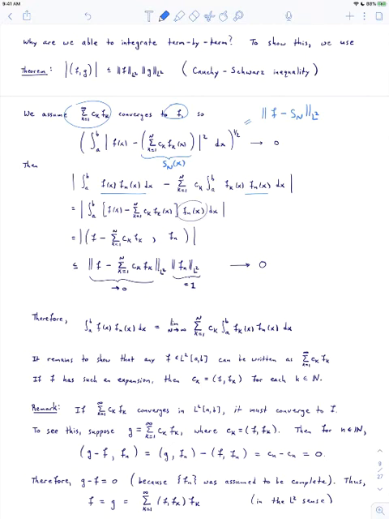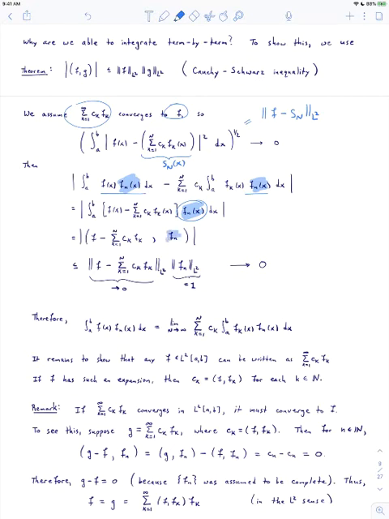So I factored out the f_n there. That leaves us with f(x) minus the sum k equals 1 to n of c_k f_k. Again, I just took the integral out, which I can do without worrying about convergence because this is a finite sum.